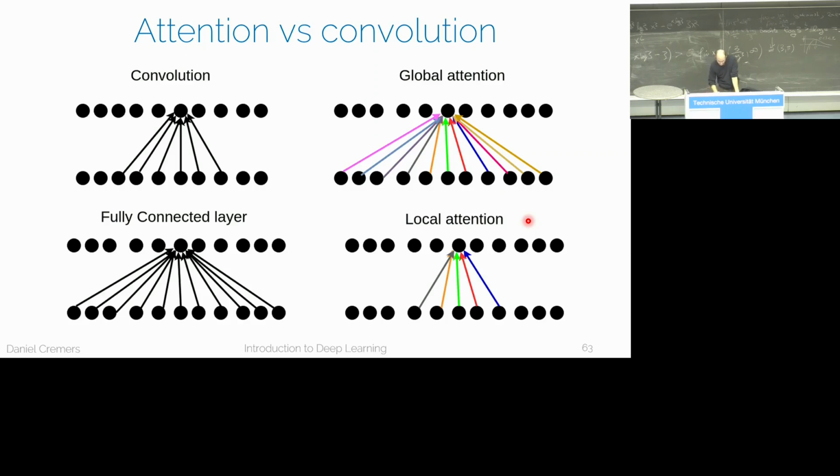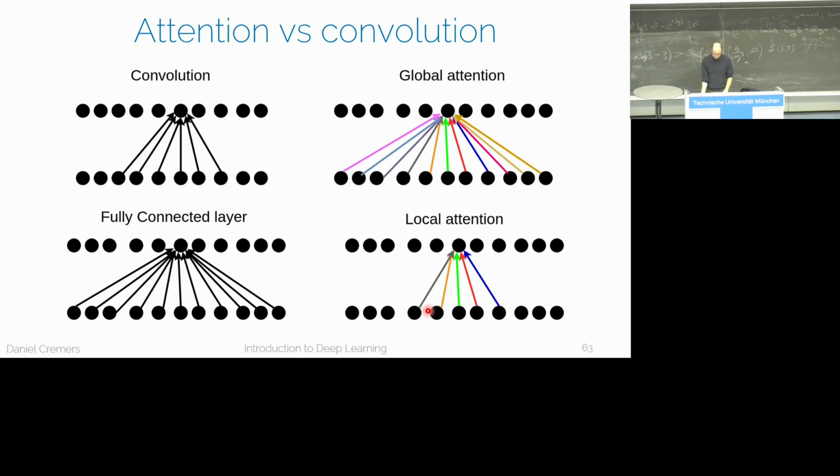And then you can have global attention where it can be any distance, and local attention where you only consider a certain window. And in practice, most existing approaches are local attention because you cannot make the window infinitely large for compute reasons. And this is one of the big challenges in transformers today, how to enlarge the attention window.